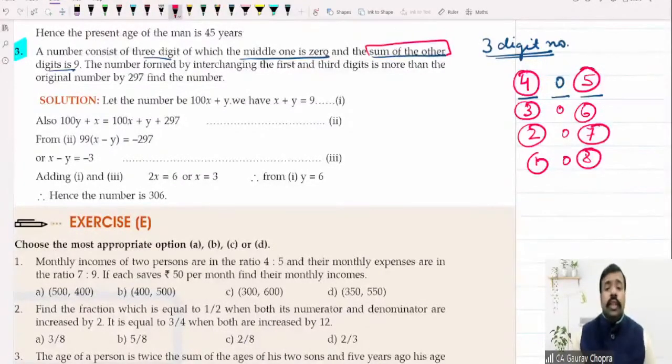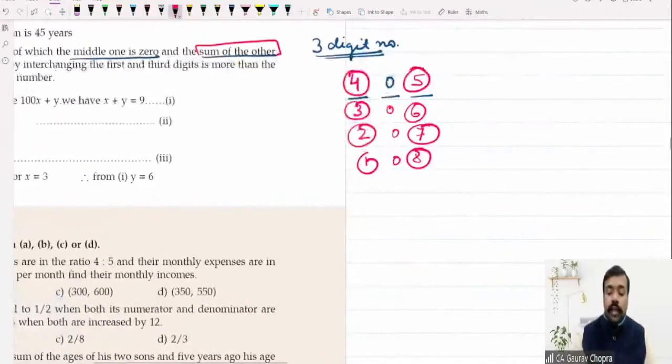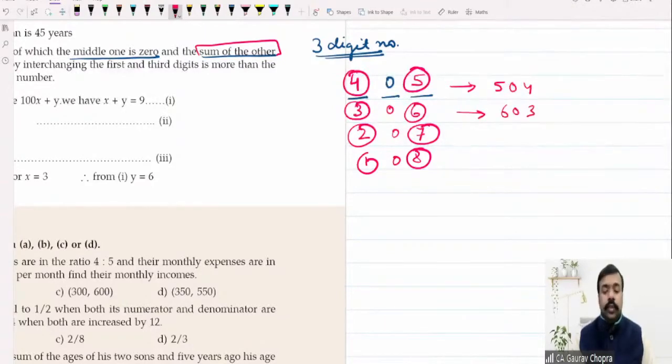Now we are also given the second hint. The second hint says if we interchange the digits, then the difference is 297. Let's say if we are talking about 405, the interchanged number will become 504. If the number is 306 and we interchange, it will become 603.